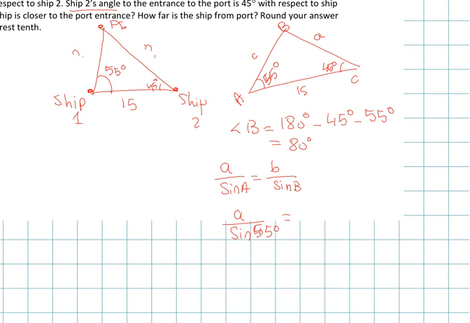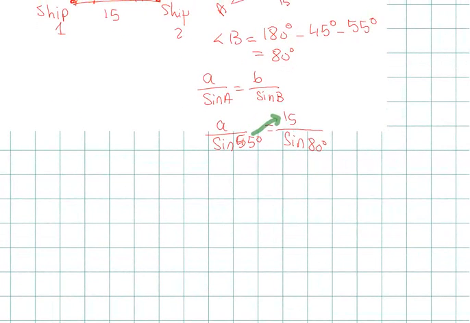I know that side B is 15, and angle B is 80 degrees. So now I have to cross multiply. And that leaves me with A equals 15 times sine 55 over sine 80. If you calculate that on the calculator, what did you get?